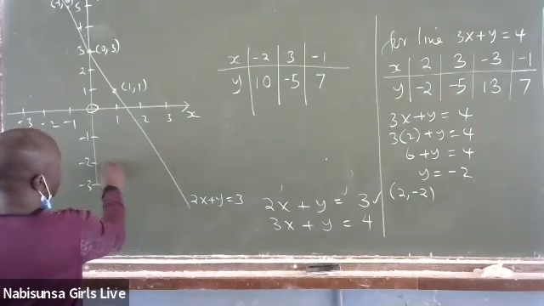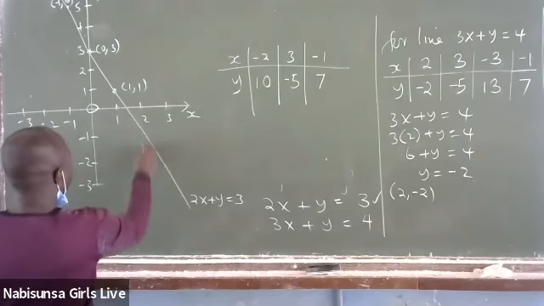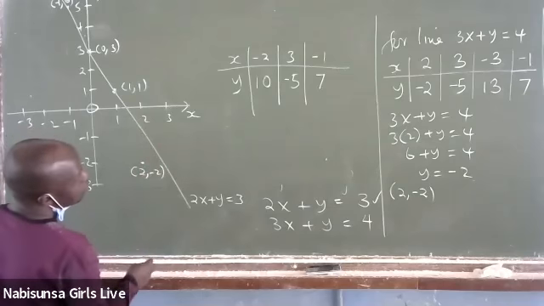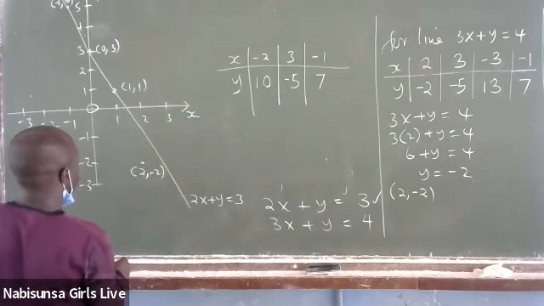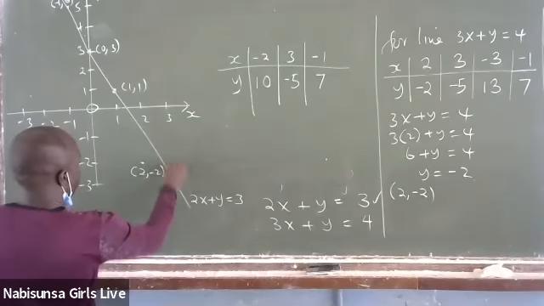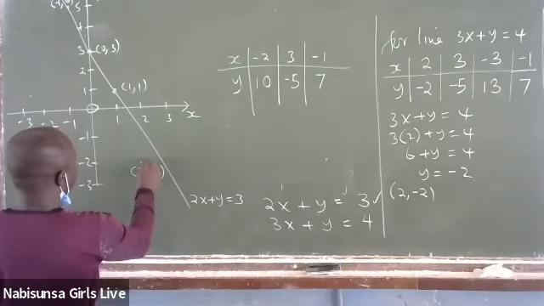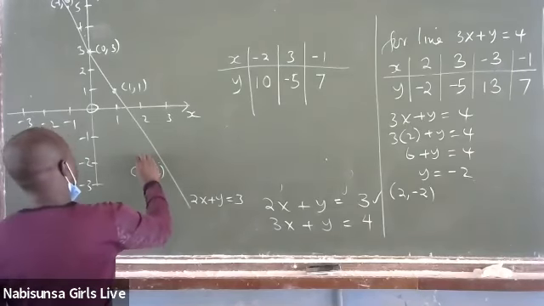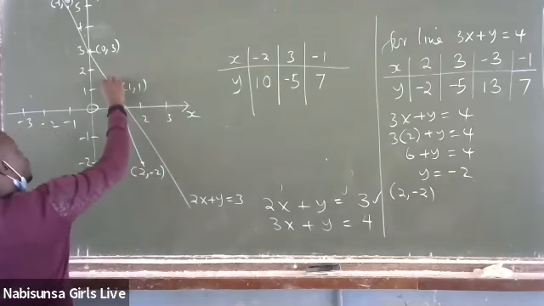What I'm having is 2, -2 somewhere here. I can see 3, -5 somewhere. Whichever way it is going through, I'm sure they are meeting here.